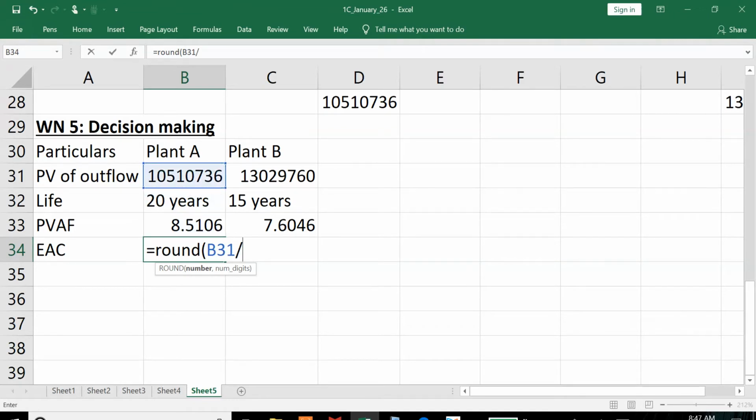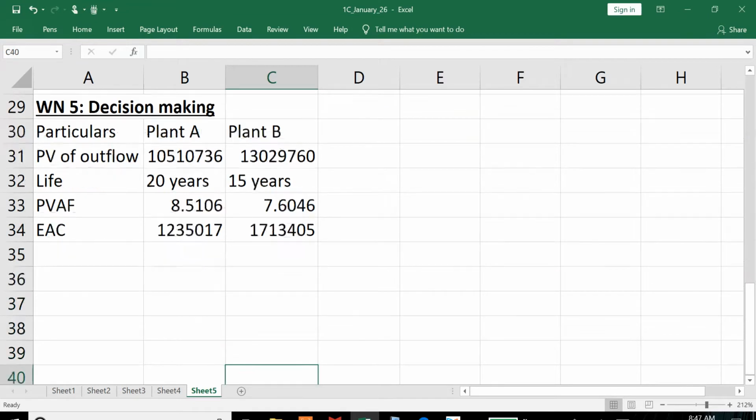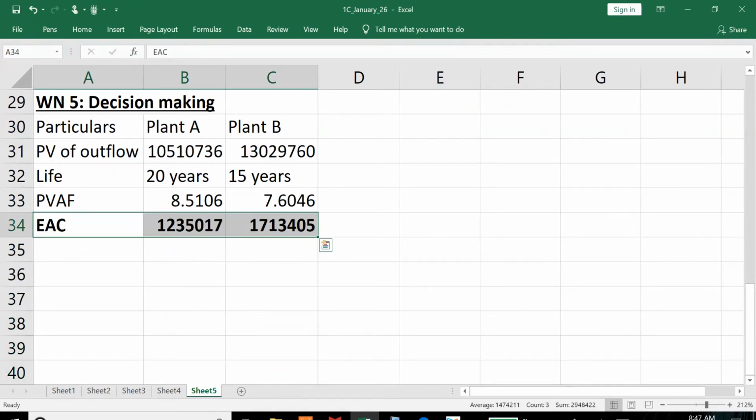Once you divide this, that is the every year cost. The cost for a single year is 12 lakhs and 17 lakhs. That's the cost you incur for a single year.